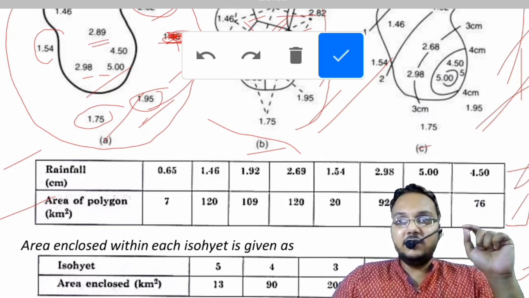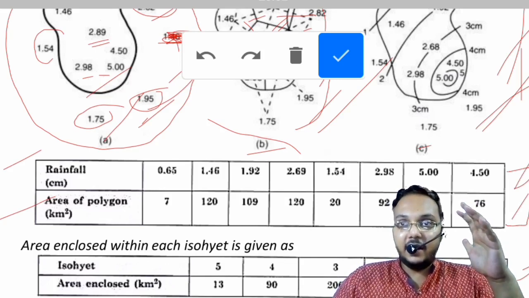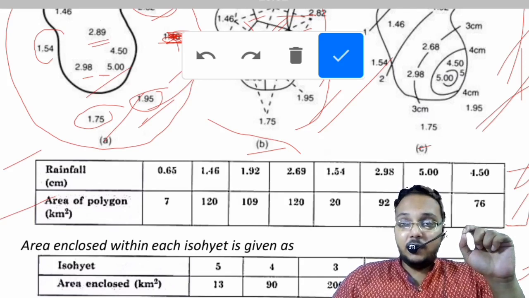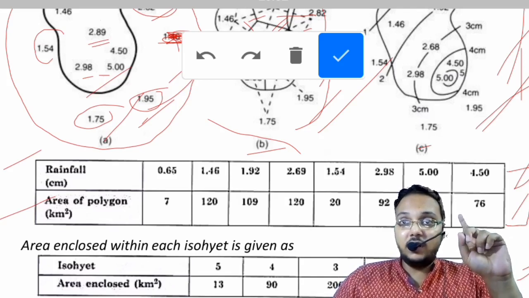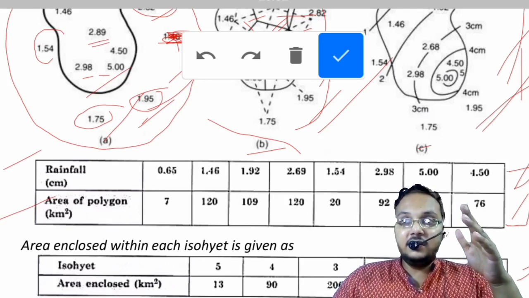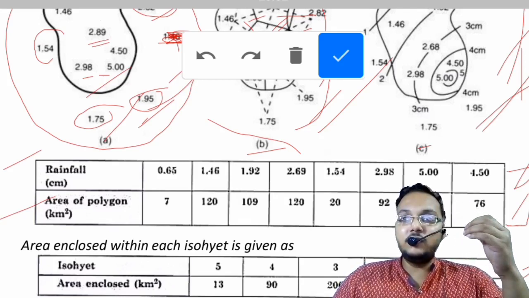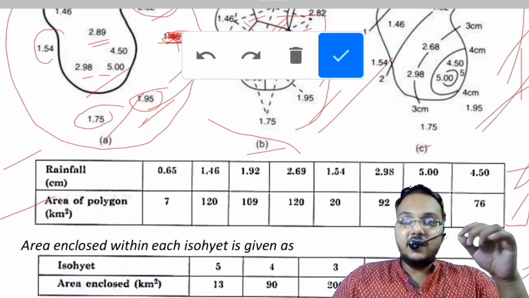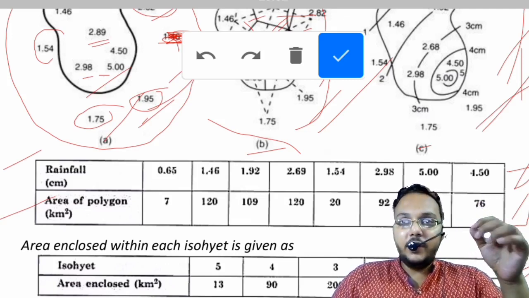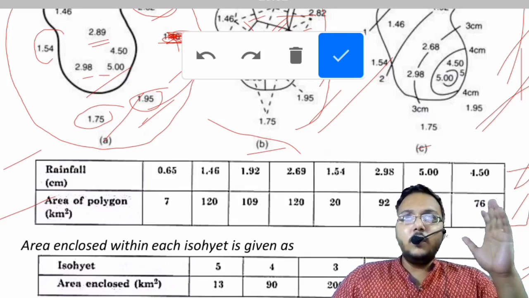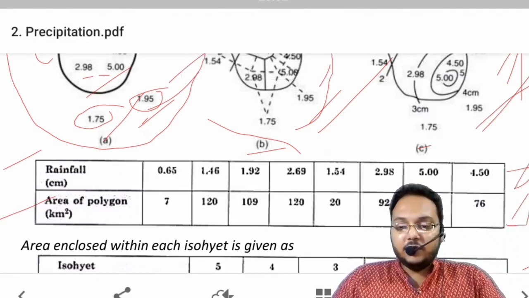This way you can get an idea that the question will tell you which gauging station to consider and which not to consider. Just as in this question, we are not given the values of the other three gauging stations. So that implies that those gauging stations are not going to have any impact on the average value. So we can proceed with the remaining 8 values which we have.